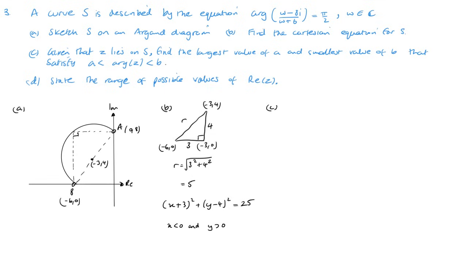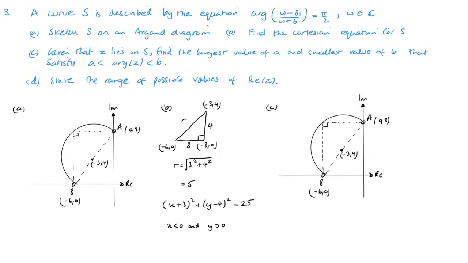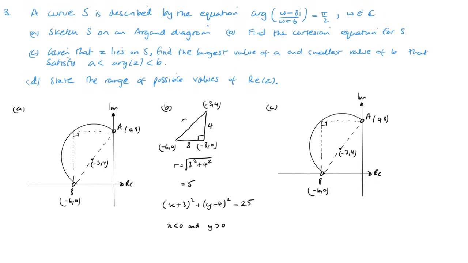Now let's do C. Given that Z lies on S, find the largest value of A and the smallest value of B that satisfy A is less than argument Z, which is less than B. So remember that the argument is the angle between the line connecting Z to the origin and the real axis.